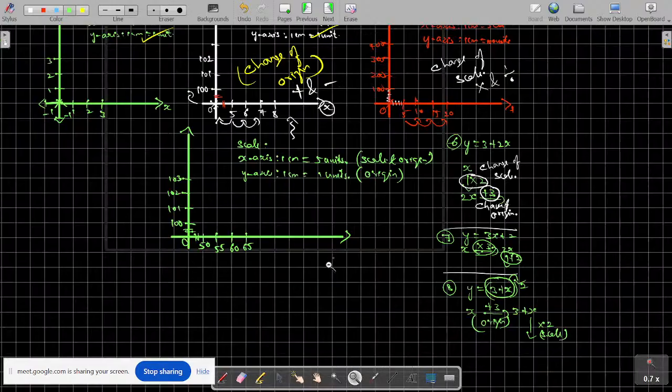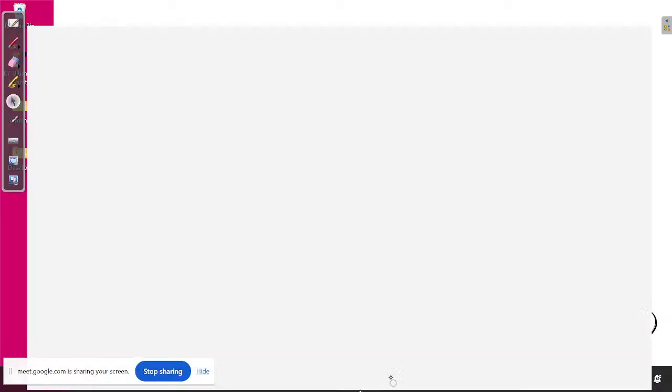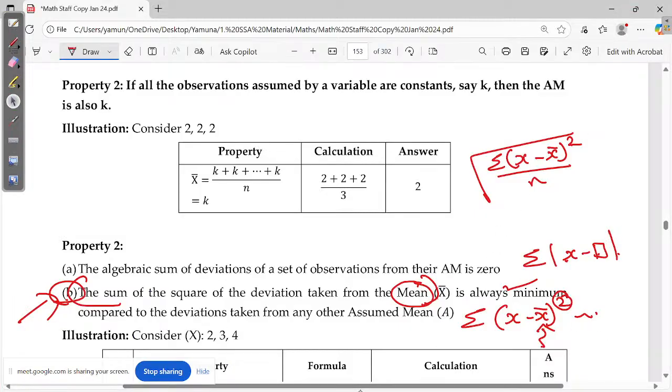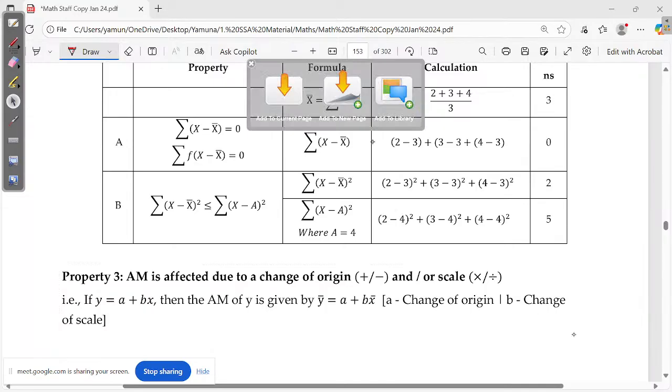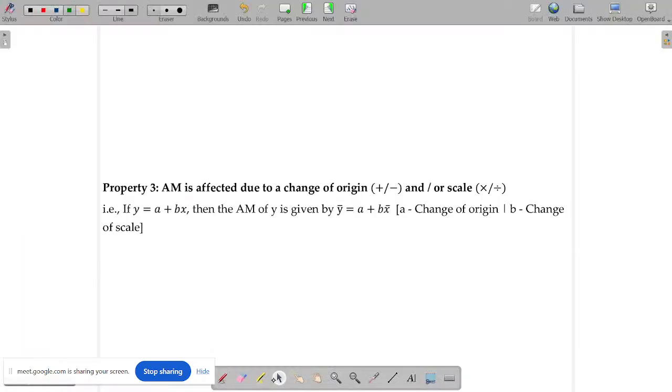So what you're going to do here is, you can please make a note of. We are going to focus on these properties dealing with mean, change of origin and scale. Please focus on this. This property says arithmetic mean is affected due to change of scale and or origin.